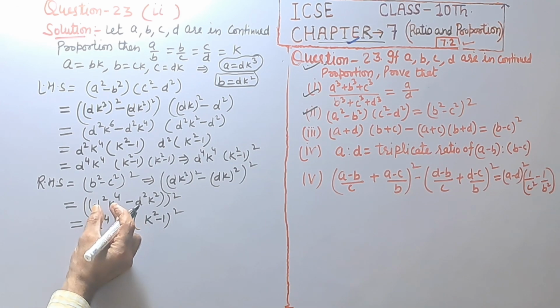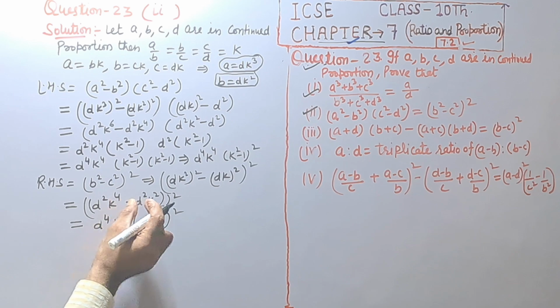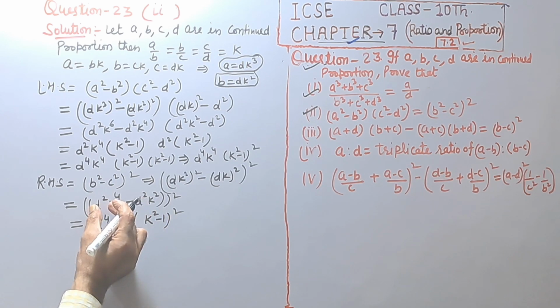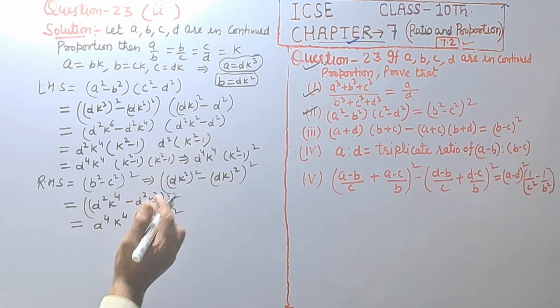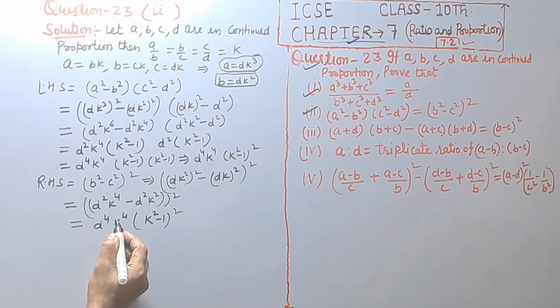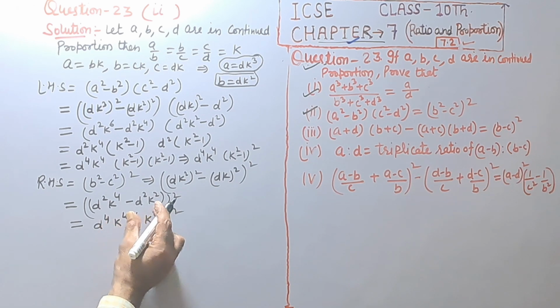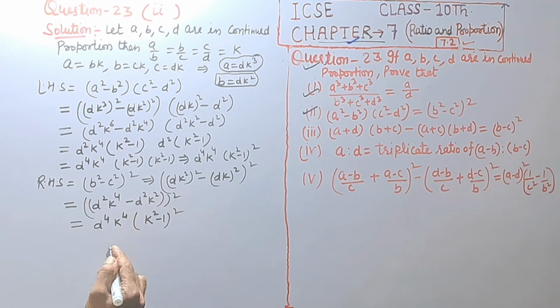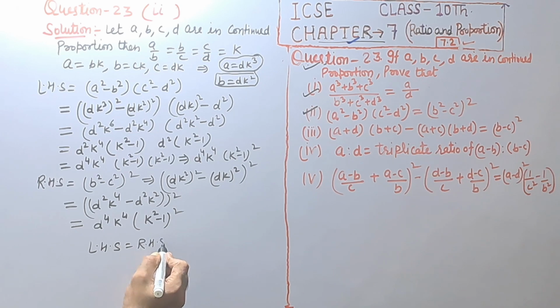We are taking common d square k square and d square k square whole raised to power 2, this will be d raised to power 4 into k raised to power 4, and in bracket k square minus 1 whole raised to power 2. So left hand side is equal to right hand side.